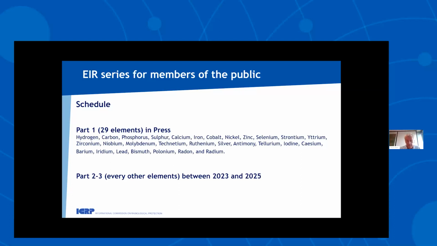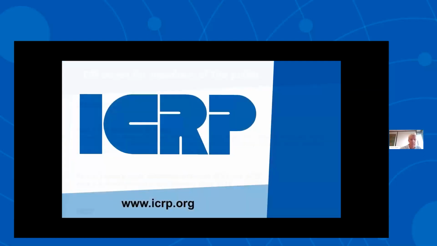We expect to have the first draft of part 2 ready by the end of this year, so in a few days from now, and part 3 in 2025. And then we will finish the series with the embryo, fetus, and the nursing infant from 2026 to 2027.